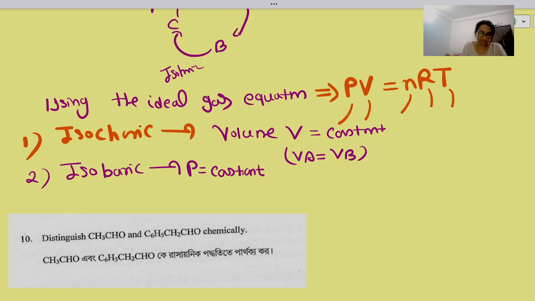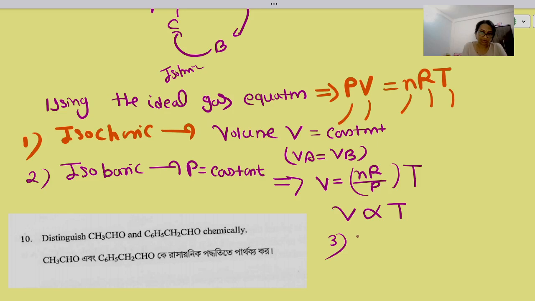When the pressure is constant, according to our ideal gas equation, V is equal to nR/P into T. That means V is directly proportional to T. And for the third process, isothermal, C to A, T is constant, and in this condition Tc is equal to Ta. So now draw the graph for that.